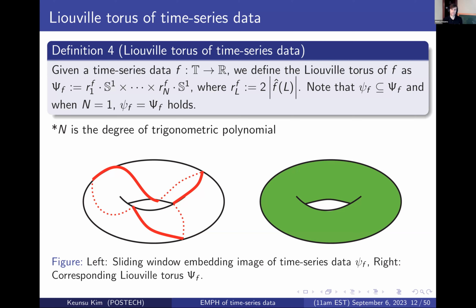I see. So from your time series data, you compute these Fourier coefficients, and that gives you the radii of the different dimensions of your torus. Yes. And then another comparison would be, what if you did the clustering or machine learning on that sequence of Fourier coefficients?